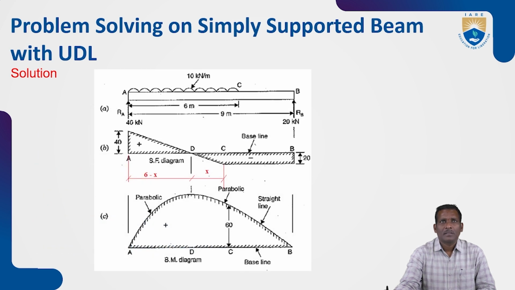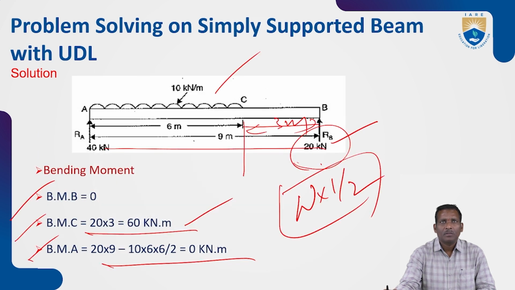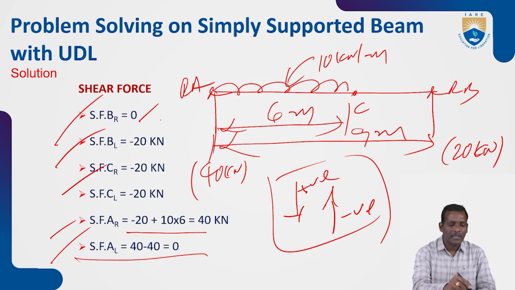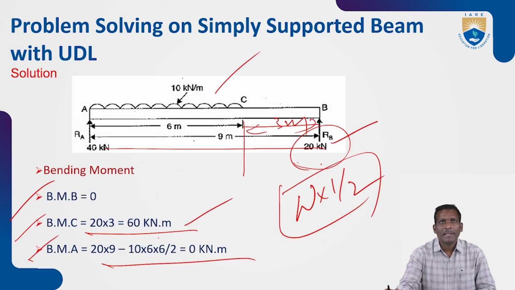Now draw the shear force and bending moment diagrams for the calculated shear forces. Each and every point we have already calculated, and the bending moment also we have seen.